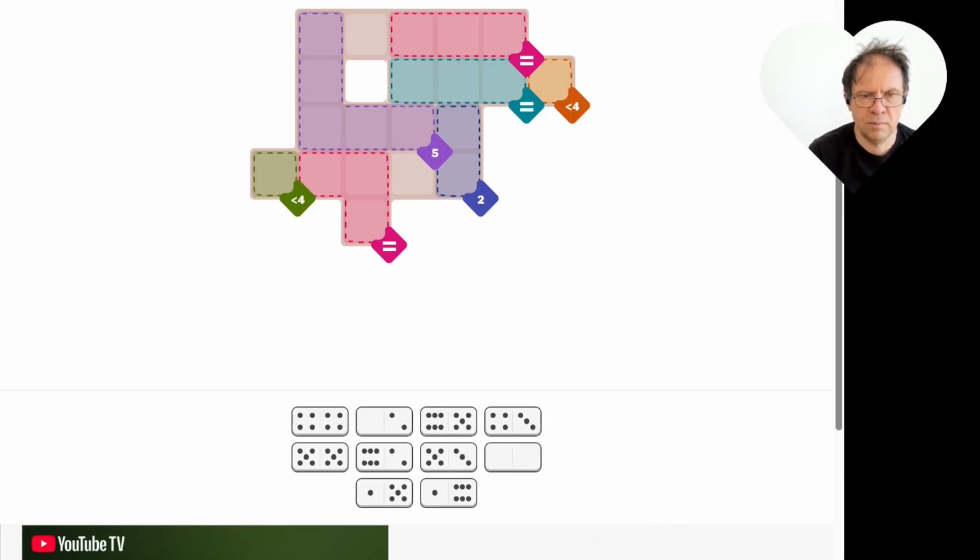I think there's some kind of argument there. So these equals cannot be zeros because you can't afford the zeros. You have to put at least a 1 0 in here. All right.